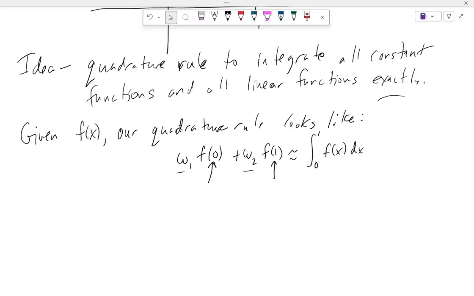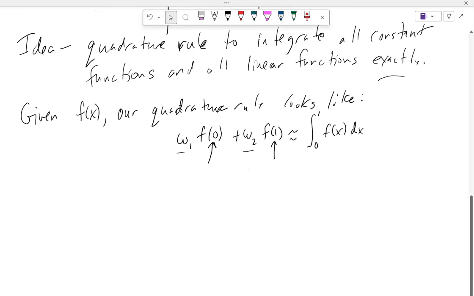Okay? Now, why is that helpful? Well, integration is linear. It breaks up over sums and constants pull out. So if I know how 1 integrates, I know how every constant integrates. If I know how x integrates, I know how every multiple of x integrates. Therefore, I know how every linear polynomial integrates. Okay? So, using that, we solve the following.